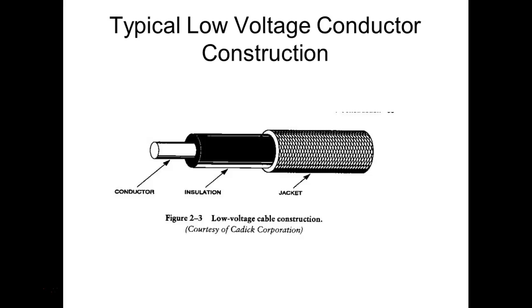Jackets. So we have two things. We have what we call an insulator. What's the function of an insulator? Why do we need to do that? It allows us to bring cables together so they don't short each other out, and allows us to hold them and handle them.